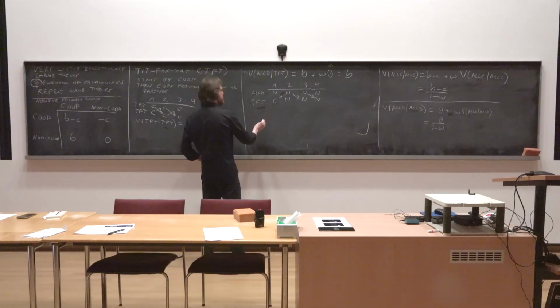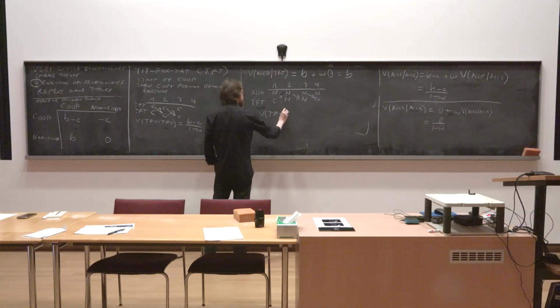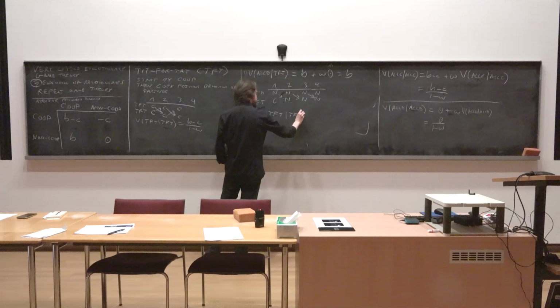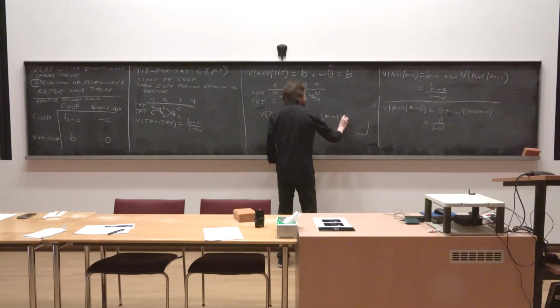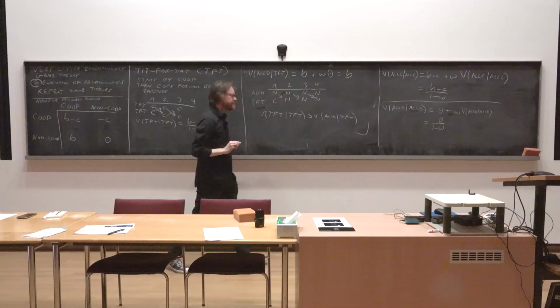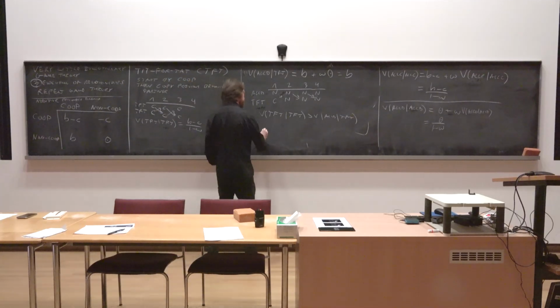Okay, so for tit for tat to be an ESS, we require that the payoff to TFT against itself be greater than the payoff of all D against tit for tat. That's the ESS condition for tit for tat. It means that a rare all D would not increase in frequency.